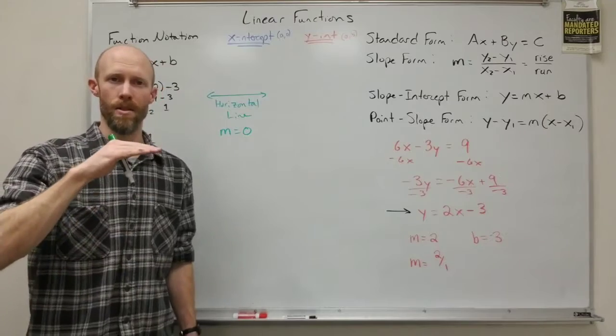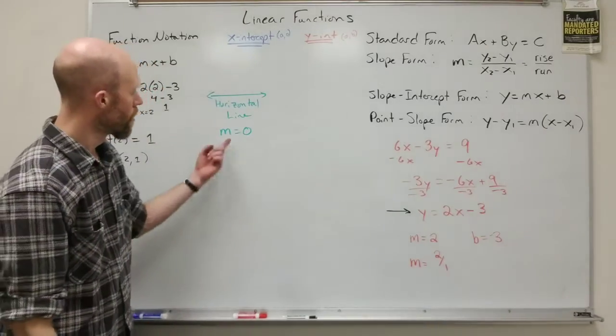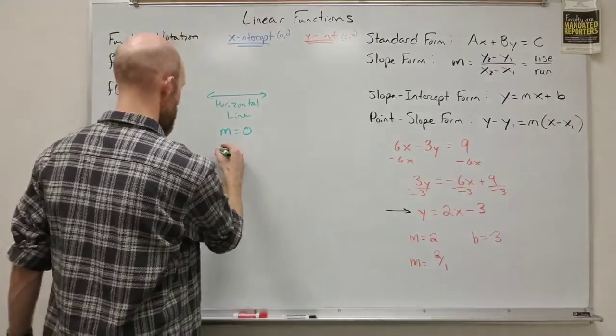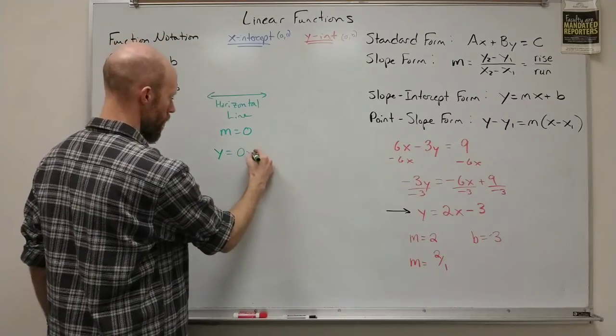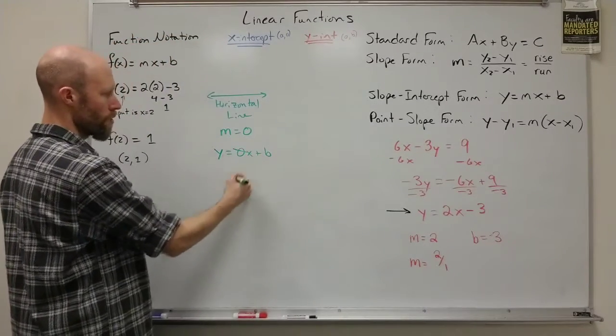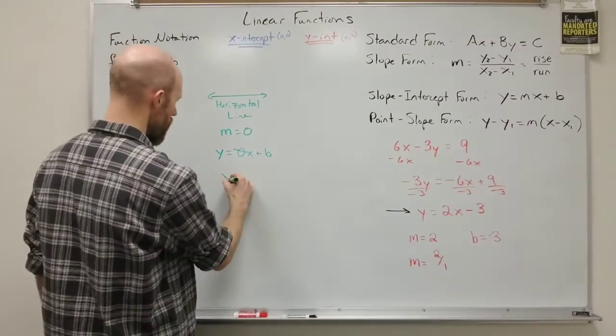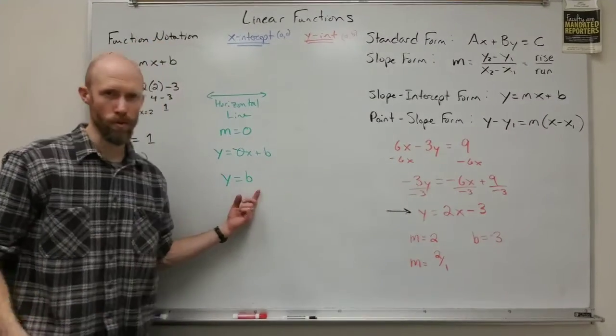It means it rises 0 and runs whatever you want. Well, if I plug in a 0, I get y equals 0x plus b. Well, the 0 term drops out, and you're left with just an equation y equals b.